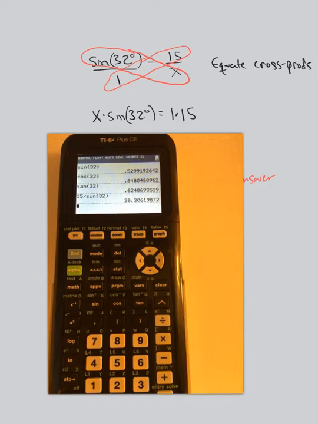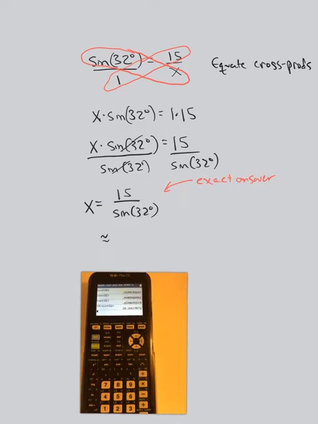Let's say I told you to give that to 2 decimal places, where this is our rounding digit. So remember, we look 1 digit over. That's bigger than 5. So this is going to be 28.31 for our approximate answer. And so we would say x is about 28.31. And then remember, if a problem has units in it, we want to include them.